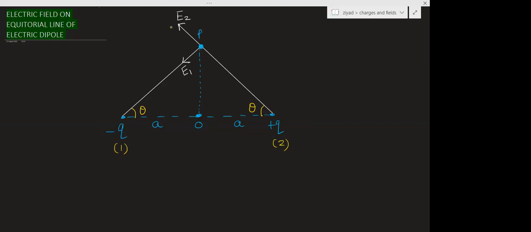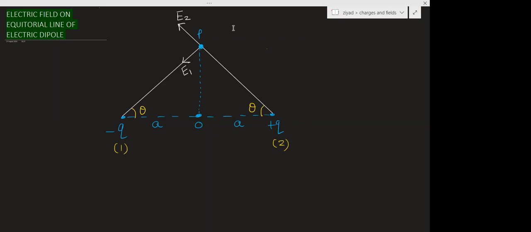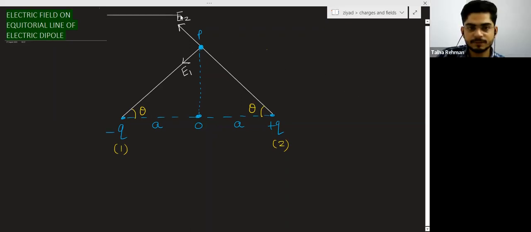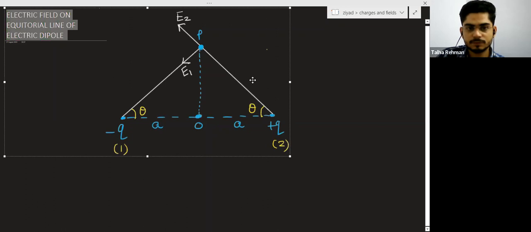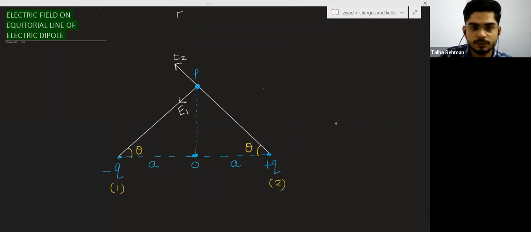So we have to calculate the resultant electric field at this point P. For that we will add the electric fields E1 and E2 vectorially. So this is E2.